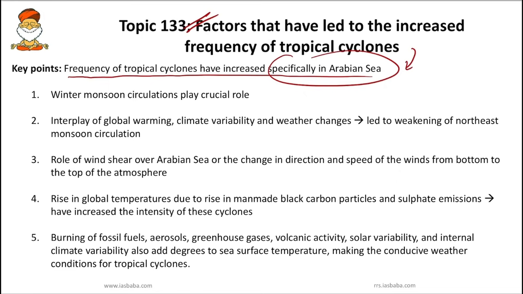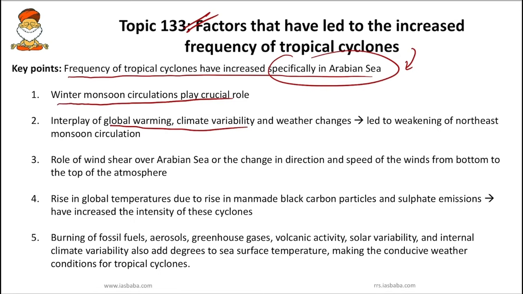First, obviously we all know it is because of global warming and climate change, and also some weather related changes. The second important factor for the increase in the Arabian Sea is the role played by the winter monsoon circulations.